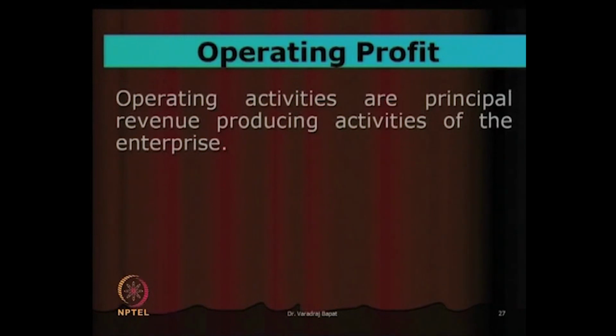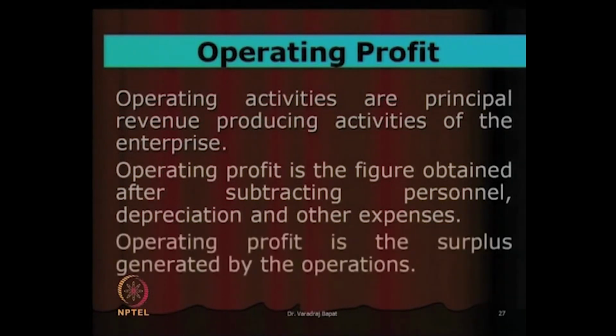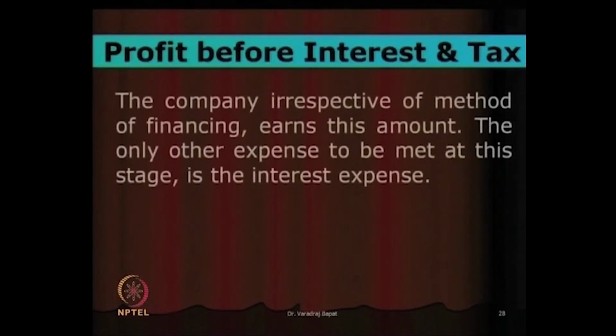Now, let us see what is meant by operating profit. You can see here that operating activities are defined as principal revenue producing activities of the enterprise. So, operating profit is a figure obtained after subtracting personnel, depreciation and other expenses from my normal business income. So, this is a surplus generated from operations. We have also seen this term profit before interest and tax.